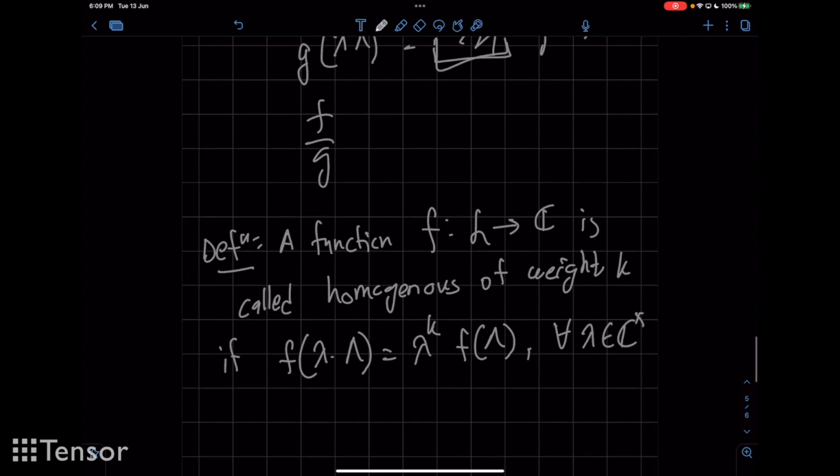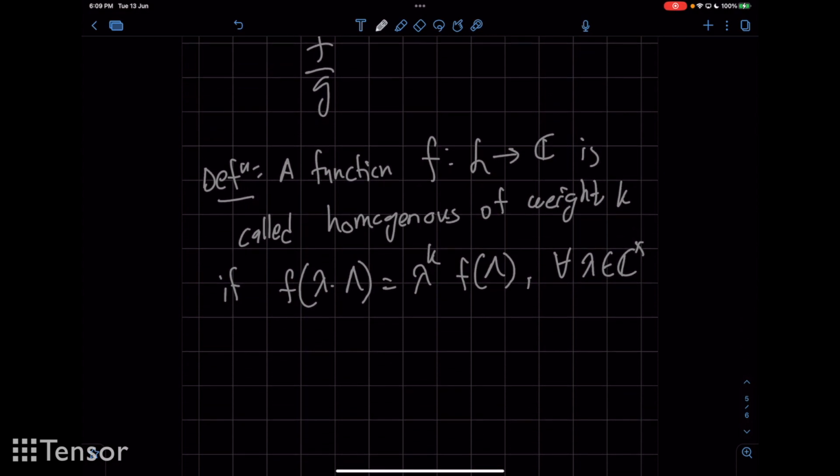The motivation is, I think, clear. A homogeneous polynomial is a polynomial whose terms all have the same degree. Suppose x squared y plus y cubed. This is a homogeneous polynomial.